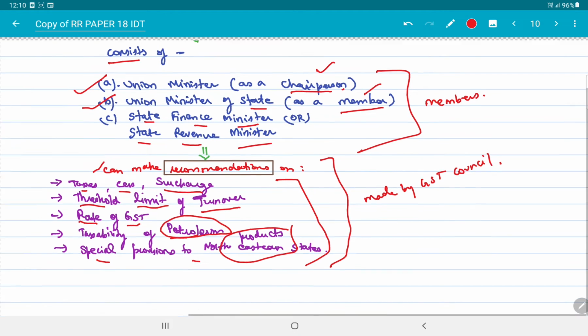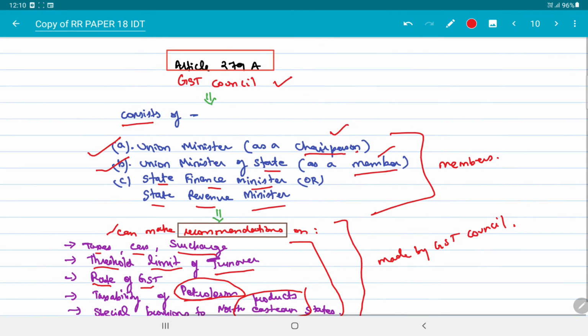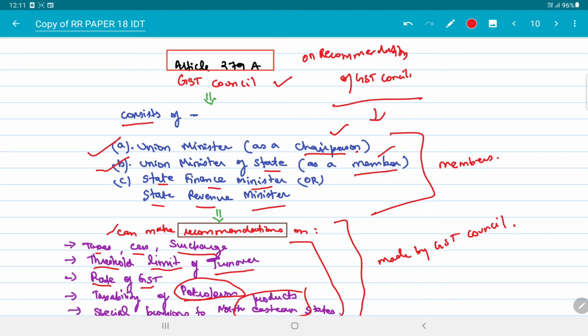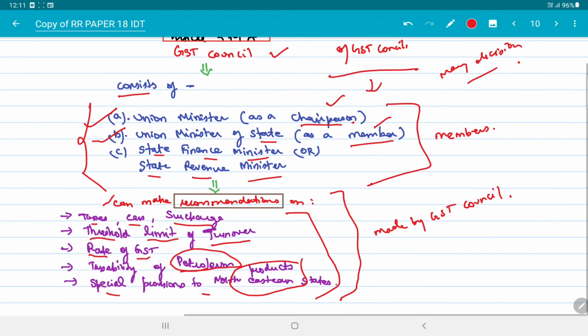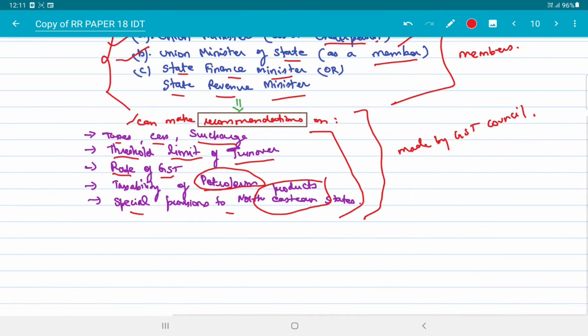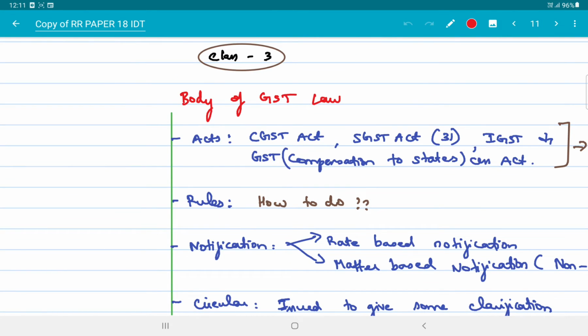So in many places you will see recommendation of the GST Council. Based on the recommendation of the GST Council, many decisions are taken under the GST regime, because it consists of state and central level members, so nothing should be on behalf of or against anybody.